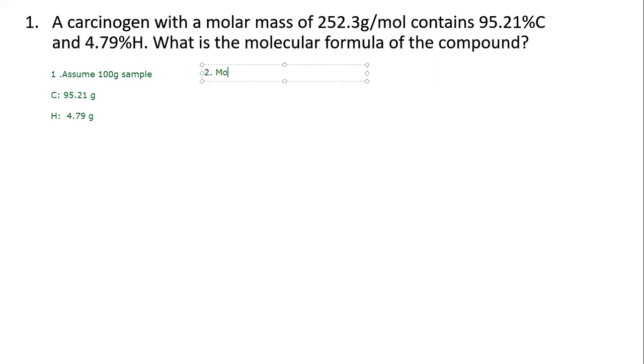So then we find the moles of each element. And we get 7.93. So we're going to divide by the smaller number of moles to get the ratio.